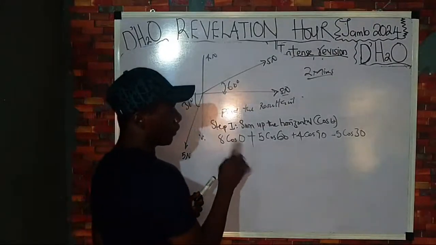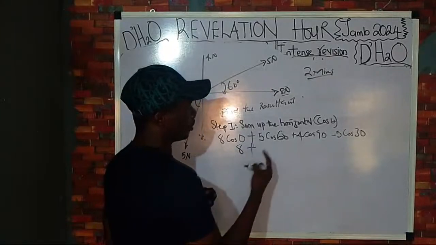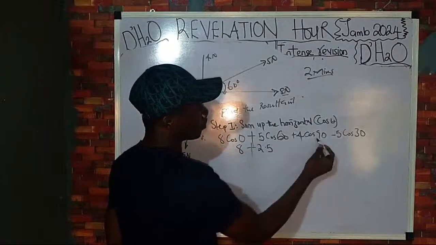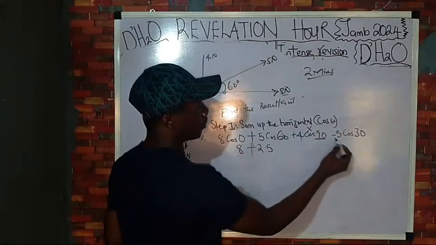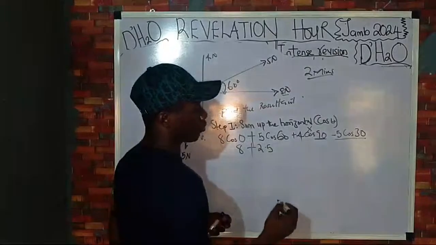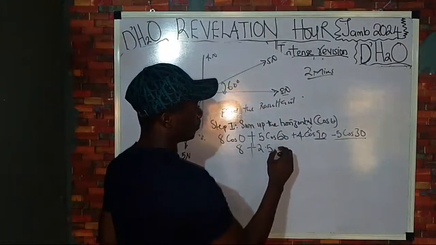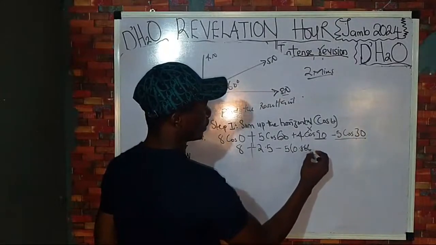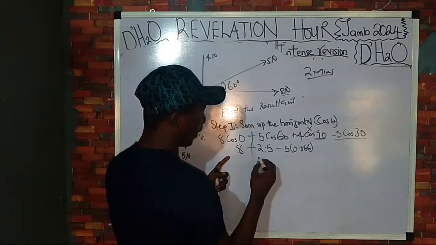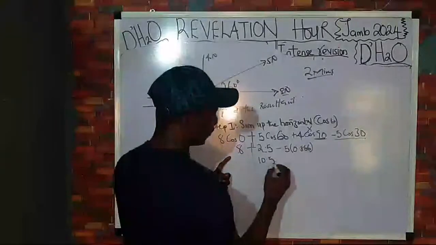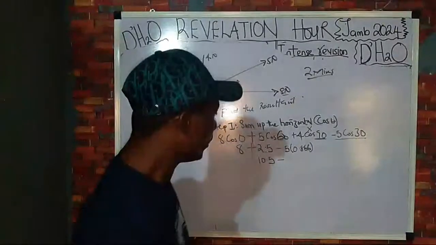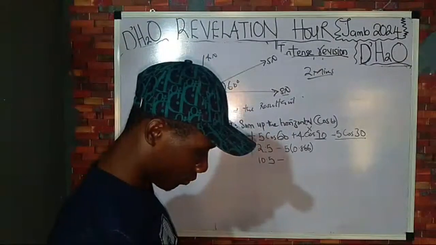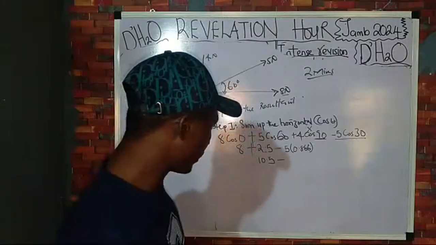So let's quickly use our calculator. 8 cos 0. Cos 0 is 1, so you have 8 here. Plus cos 60 is 0.5 times 5, which is 2.5. Cos 90 is 0, so here we have 0. Cos 30 is root 3 over 2, so you have minus 5 bracket root 3 over 2, which is 0.866. This plus this, you have 10.5 minus 5 times 0.866, which is 4.33.